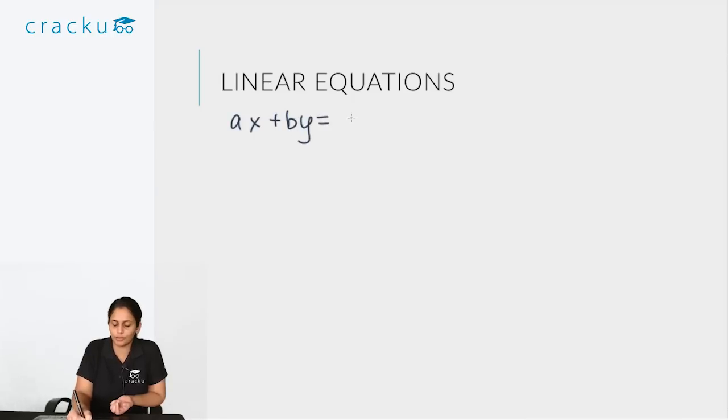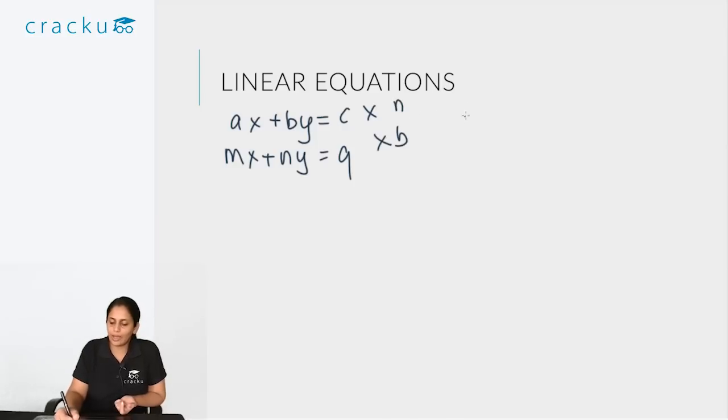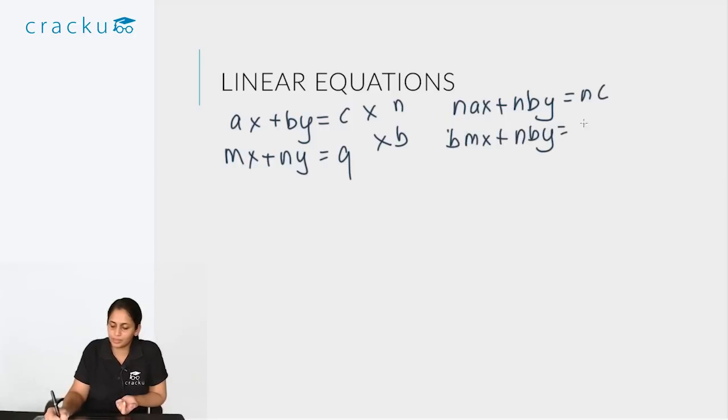Suppose it is of the form ax plus by is equal to c and mx plus ny is equal to q. Essentially, multiply the first by n and the second by b, so that you have nax plus nby is equal to nc, and bmx plus nby is equal to bq.